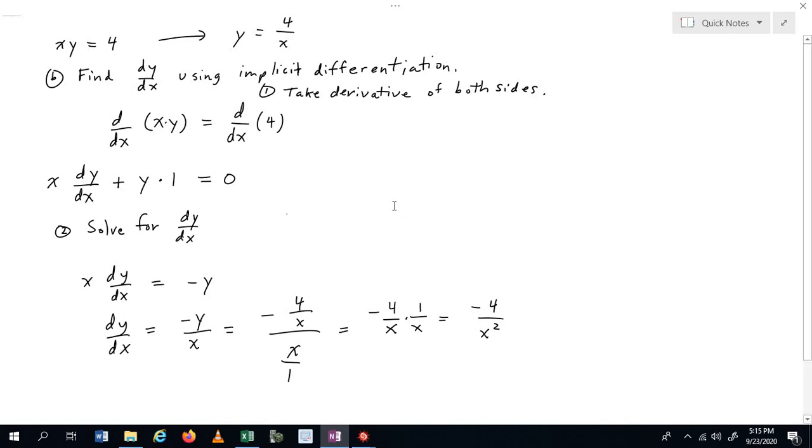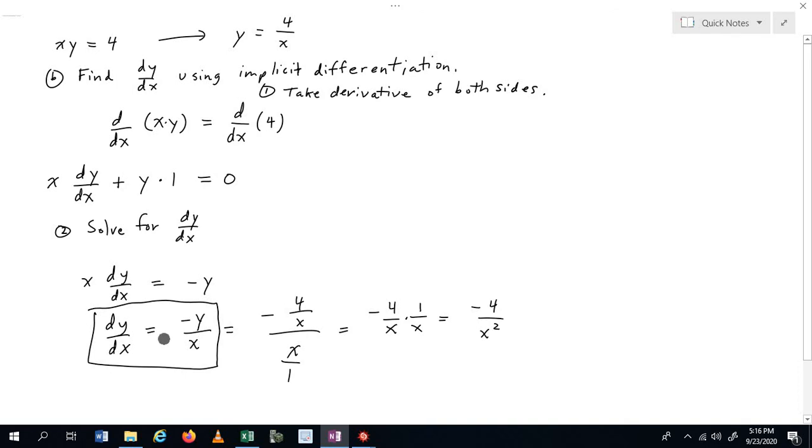And what's going to happen is you'll get to this step right here where you solve for dy dx, and it's likely that you'll have a combination of x's and y's in your derivative. And you won't be able to replace the y because you can't isolate y. That's the reason you're using implicit differentiation in the first place.